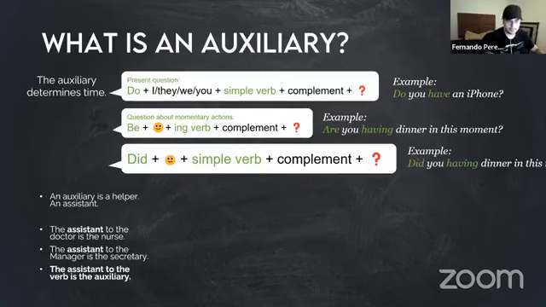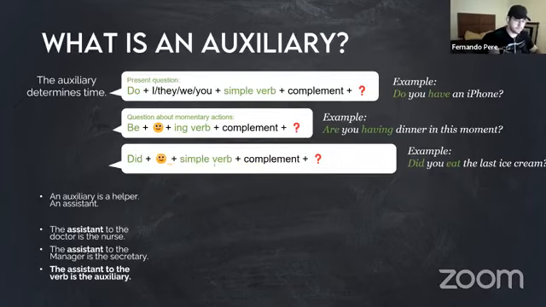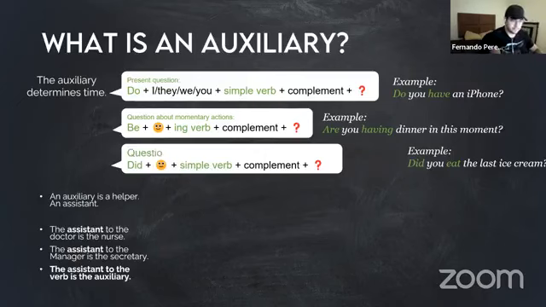Did you eat the last ice cream? This is a question in past.